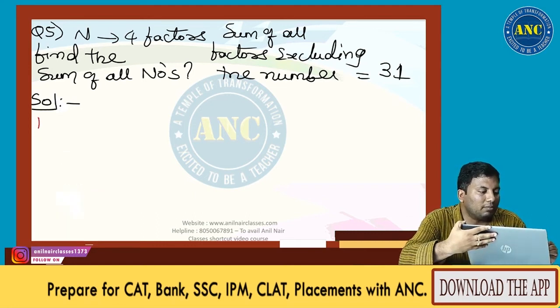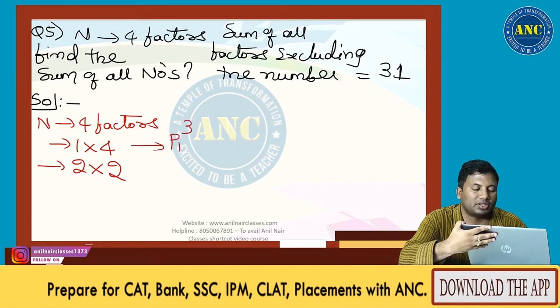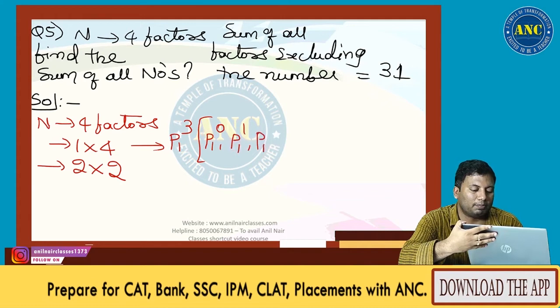Now, a number has got 4 factors. It could be 1 into 4, we discussed this model in the morning. It could be 2 into 2. 4 means, first it will be P1 power 3. What are the factors of P1 power 3? P1 power 0, P1 power 1, P1 power 2.